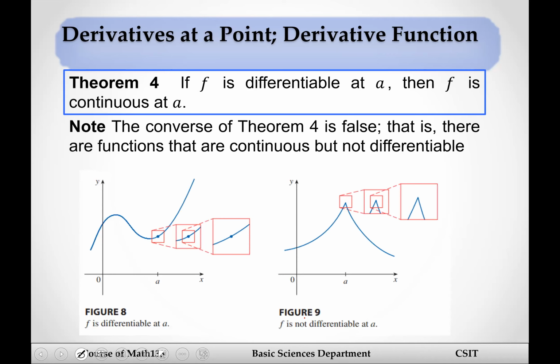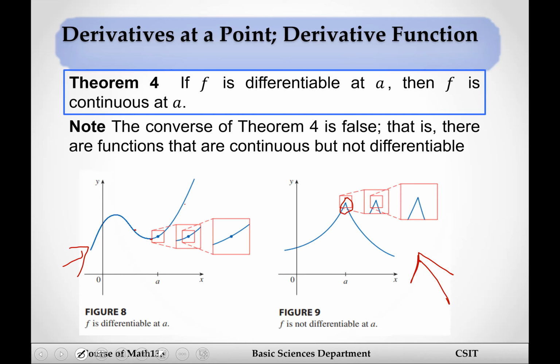So here you see that this function is differentiable. Each time you have a tangent line which is well defined at any point here. But for the second one here, you have this problem of differentiability at the point a.